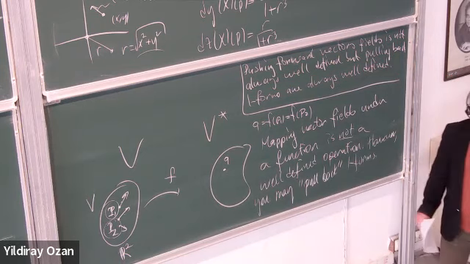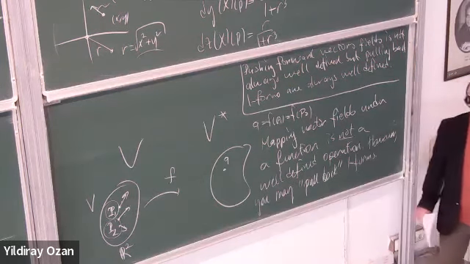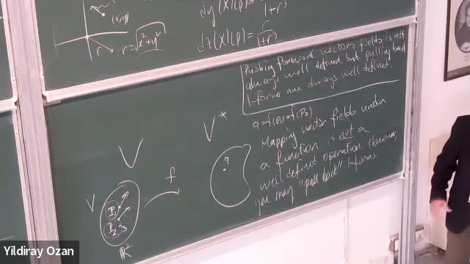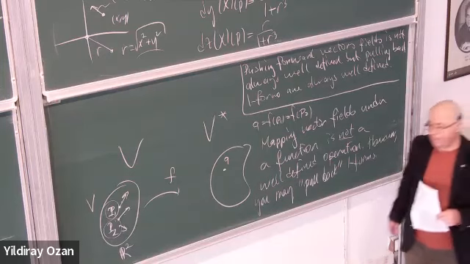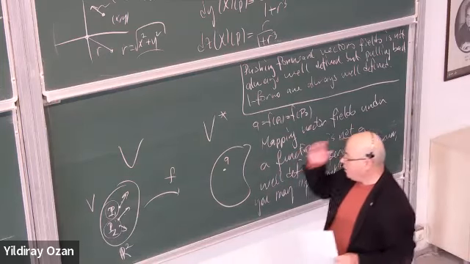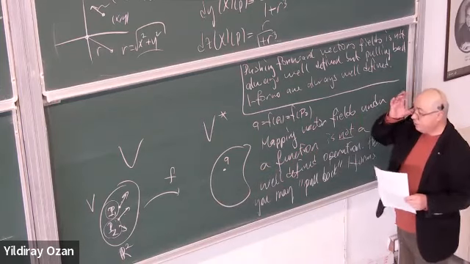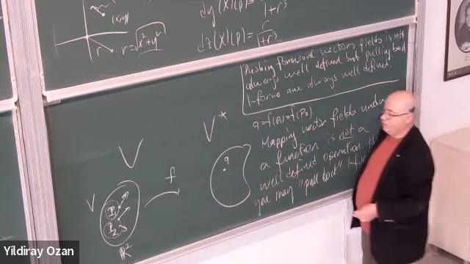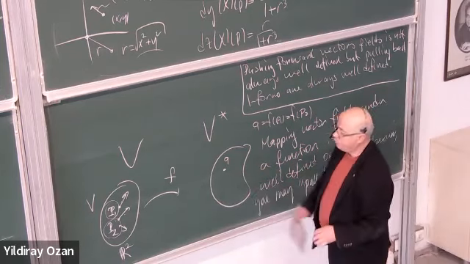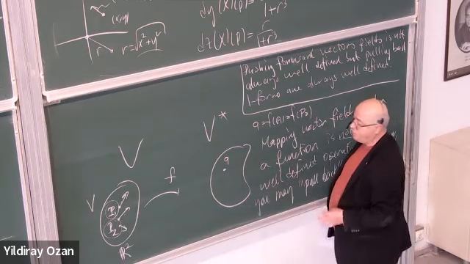That's why working with one forms is advantageous. Why is pulling back one forms well defined?